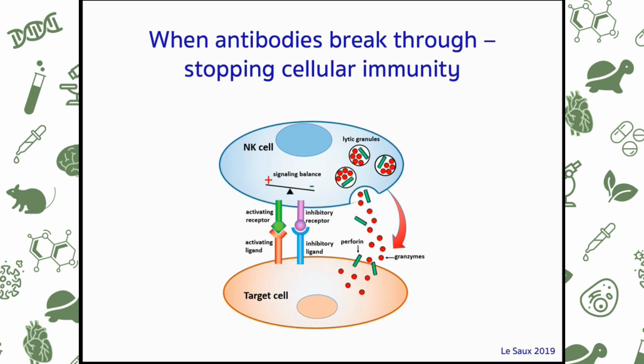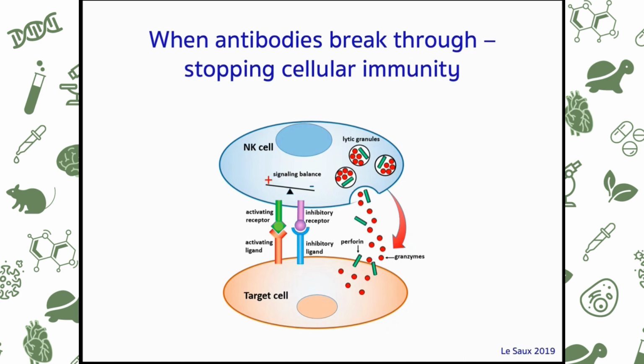This is just another example of that, before I talk about how we might use all of this to help us design malaria vaccines. This is a complicated diagram, but all I want you to get from this is that here in orange is a target cell. So let's say that target cell is a malaria-infected red blood cell. And the blue cell is a natural killer cell.